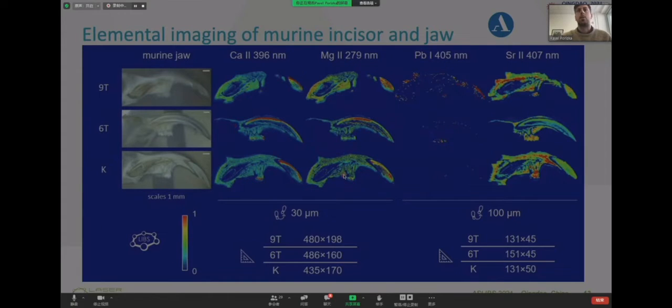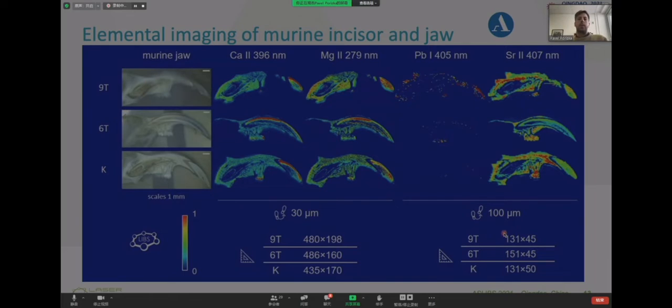But for calcium and magnesium it's quite sufficient, while for detection of lead, strontium and other elements we change the lateral resolution to 100 microns, being a bit rougher on the ablation, ablating more sample, and then you can see that we are also increasing the sensitivity like this. You can also see the sizes of those maps for individual samples and individual analytical approaches.